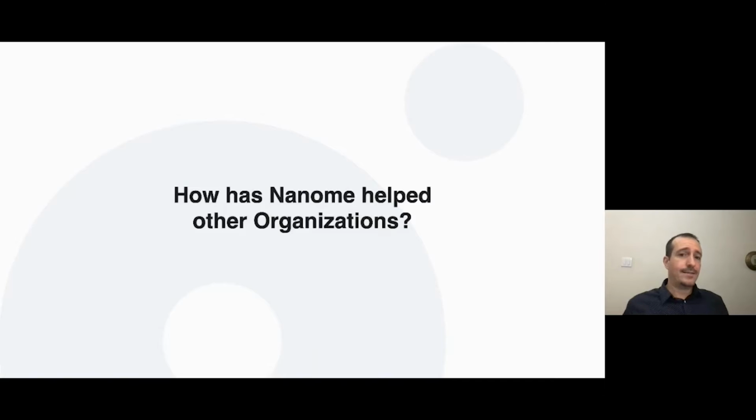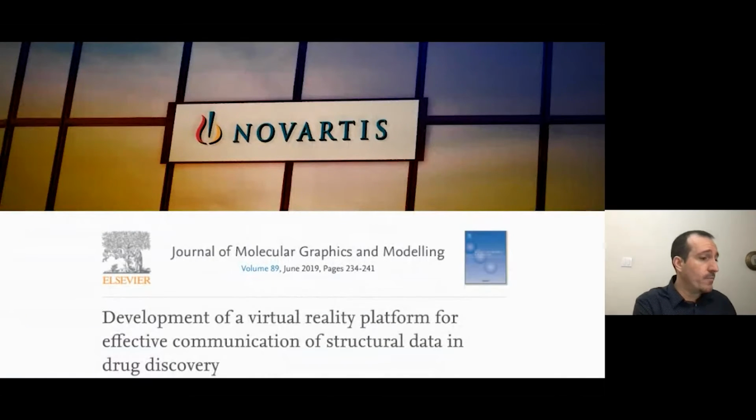Okay, so how has Nanome helped other organizations? Well, we've been working with Novartis since 2017. We've actually put out a paper together, which is this one over here, in the Journal of Molecular Graphics and Modeling, which basically describes the development of the platform. So we started with them in San Diego, and now we've been helping them connect their teams across San Diego, Boston, and Northern California.